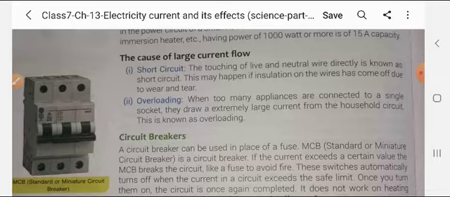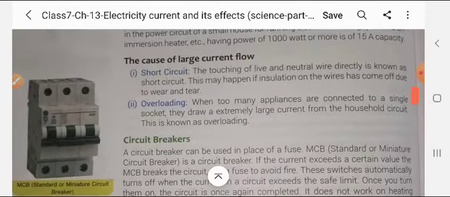Next is overloading. When too many appliances are connected in a single socket, they draw an extremely large current from the household circuit. This is known as overloading.